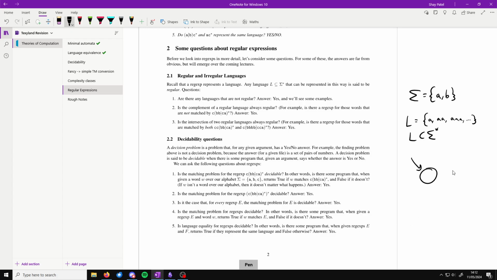So AA star, let's think about it. We have to take in at least one A, and then we can take in any number of A's after that. And we accept here. If we take in a B, because that's our only other character in our alphabet, we can just go to a reject state. No matter what we take in after that, because we've seen a B, we are not going to accept that string.